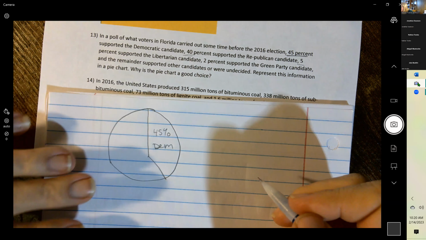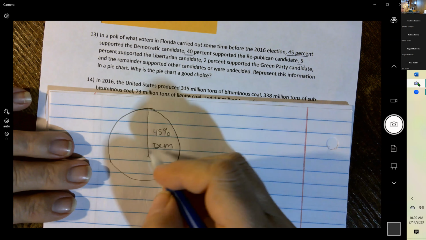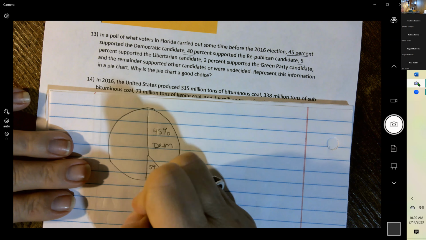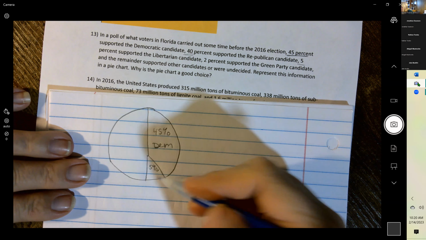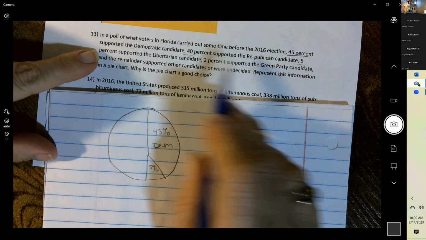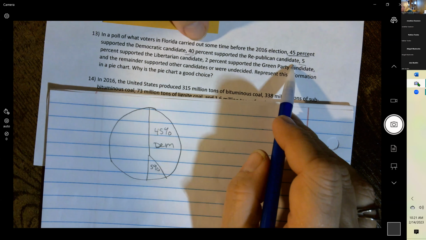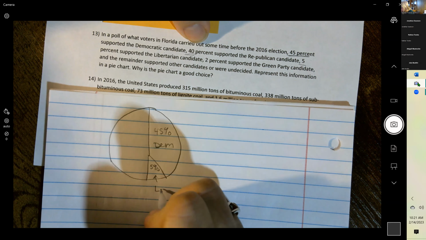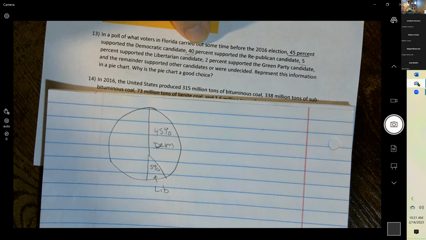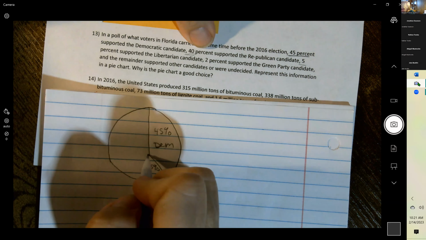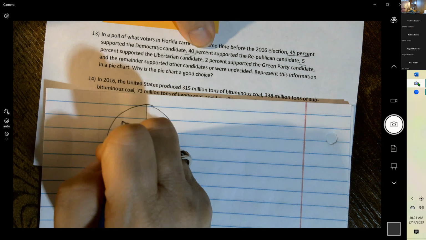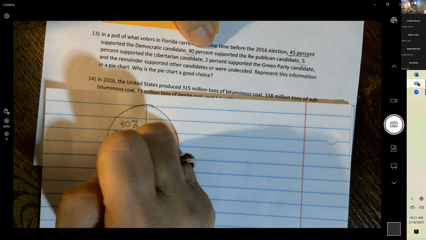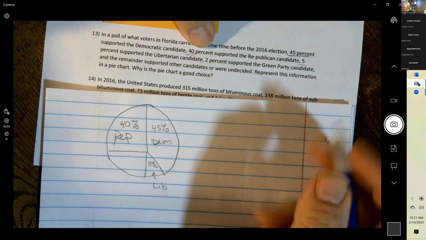So 45% were Democrat. 5% would make half. Oops, I skipped one, but we'll go back to it. 5% Libertarian, 40% Republican.